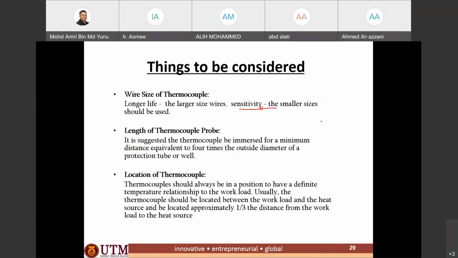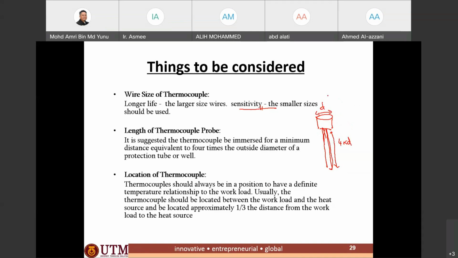So if this is the diameter D of the casing that protects the probe, the immersion distance of the probe into the system should be 4 times D to get a good measurement.